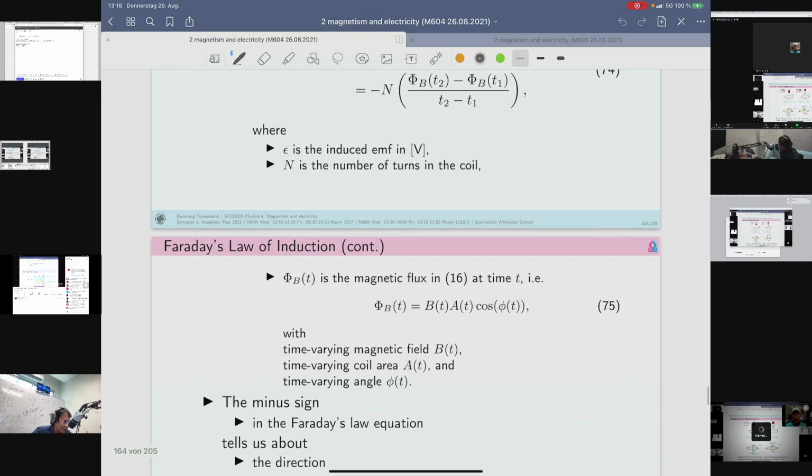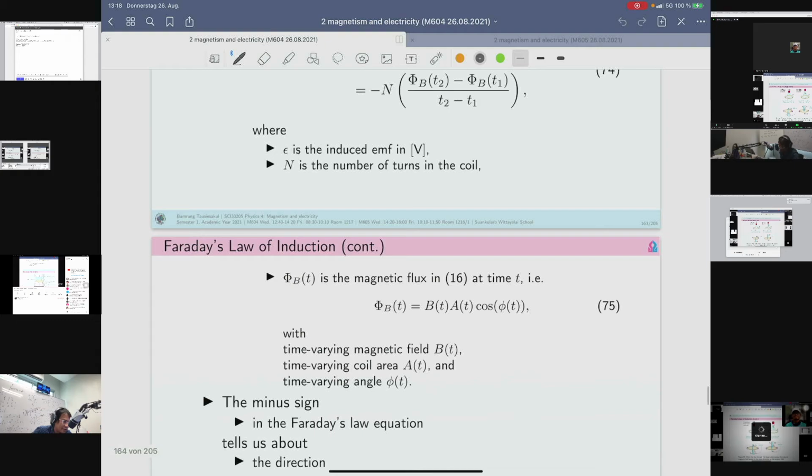So let's start. It's better we use this one. They asked us about the magnitude of the induced EMF, right?